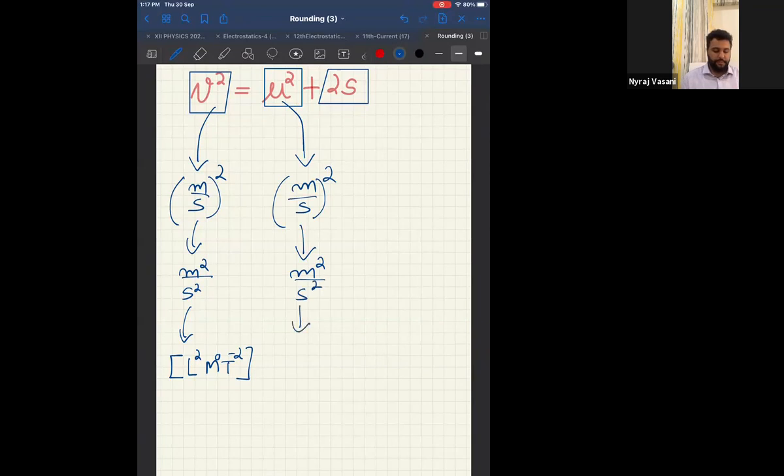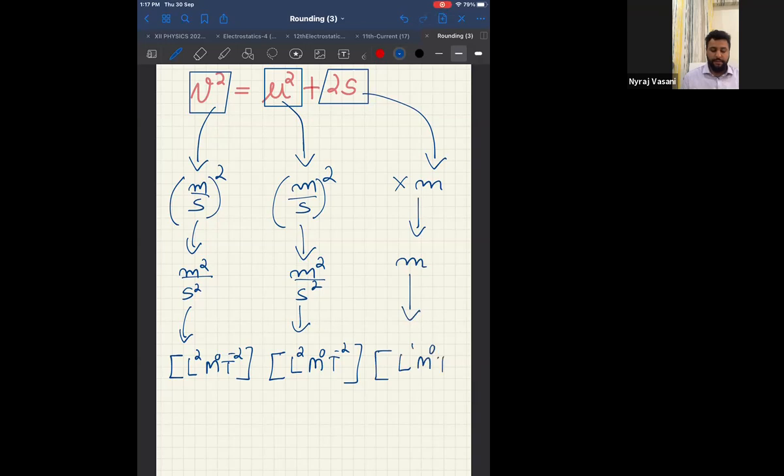Now meter square per second square is L2 M0 T minus 2. Now 2 into displacement, 2 does not have any unit. Displacement is meter. Therefore, my final unit is meter. Therefore, what is the dimension of this? Meter. L1, M0, T0.